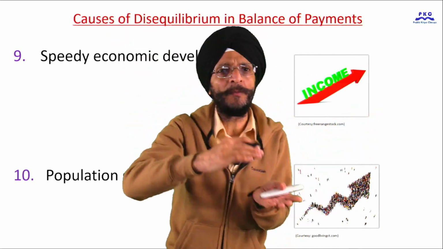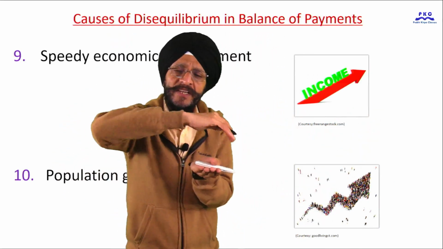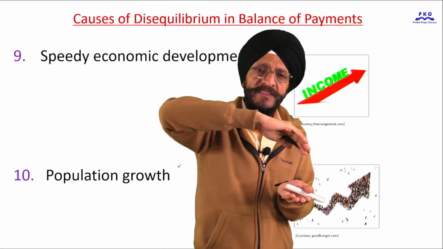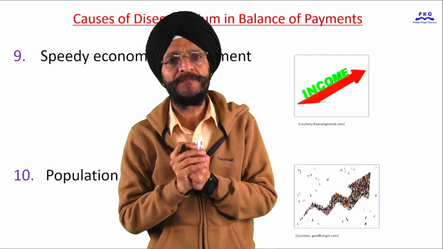When there is speedy economic development in a particular country, it results into the increase in the income of the residents of the country. When the income of the people rises, what happens?